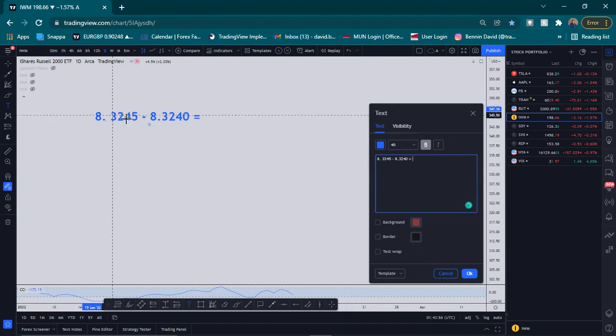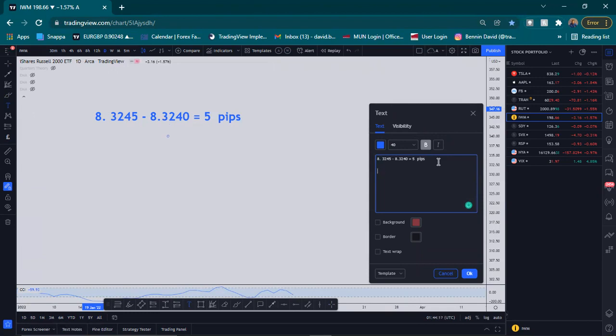So we have 3245 to 3240. It means it has decreased by 5 pips, right? So we're able to calculate the change that has happened in the currency by pips. Okay.